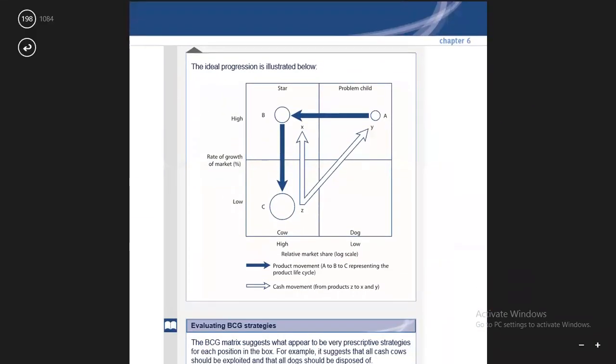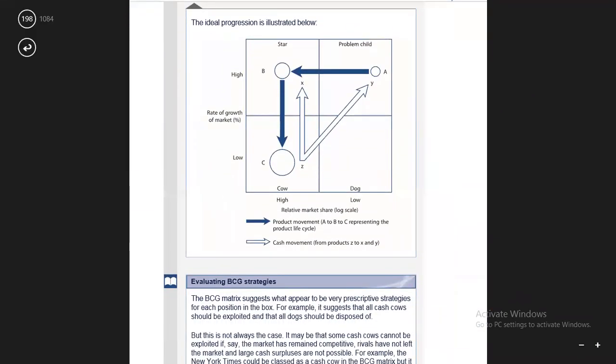Now this is the example of how we are going to use the strategies for that. Rate of growth, the same grid as BCG: star, problem child, cow, dog. Product movement from A to B to C representing the product life cycle. Yes, they are moving from problem child to star product.